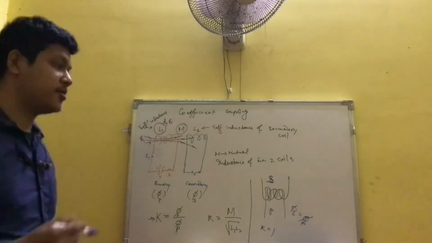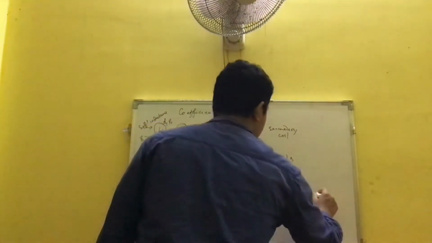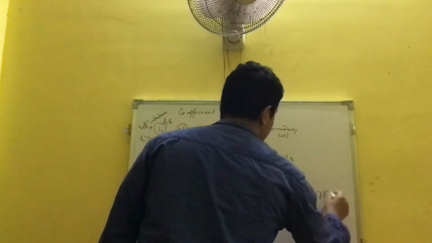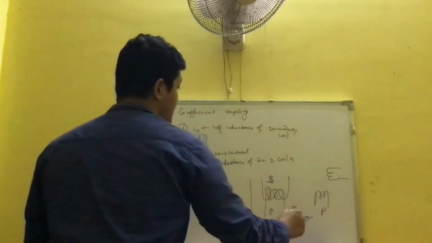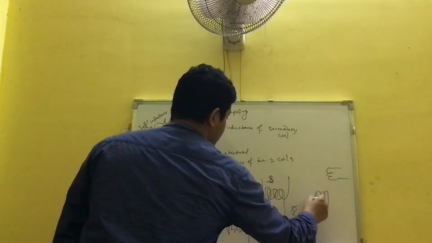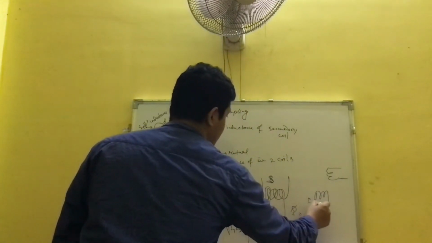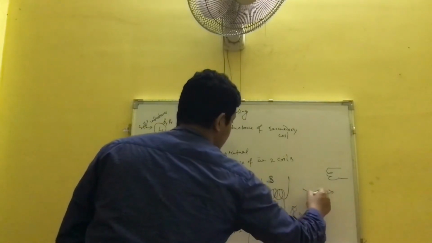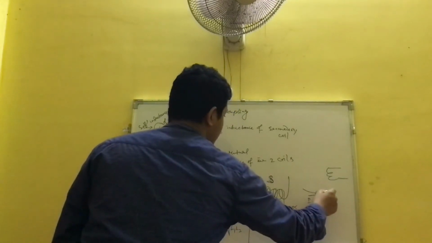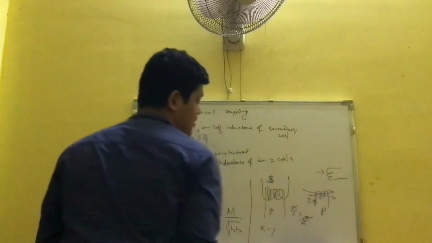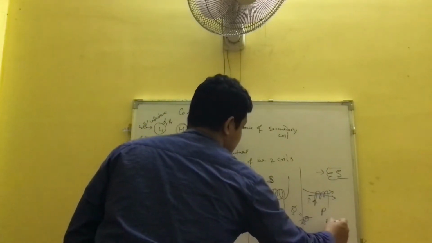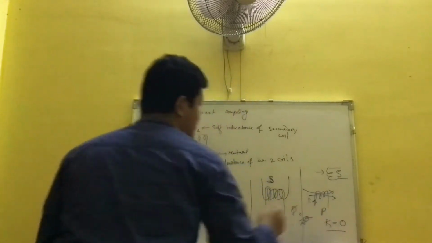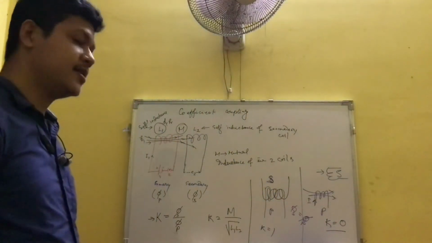Now let us consider a situation. Suppose this is the primary coil and this is the secondary coil, and due to the current in this coil, a magnetic field is generated, and this magnetic field is not linked with this secondary coil. Then in that case the coupling coefficient is 0, right?